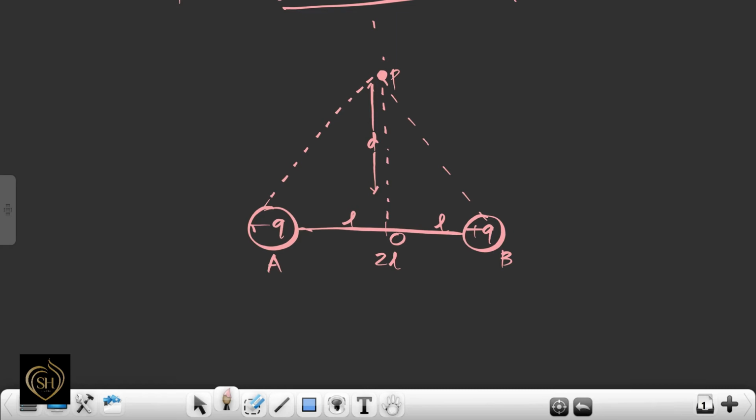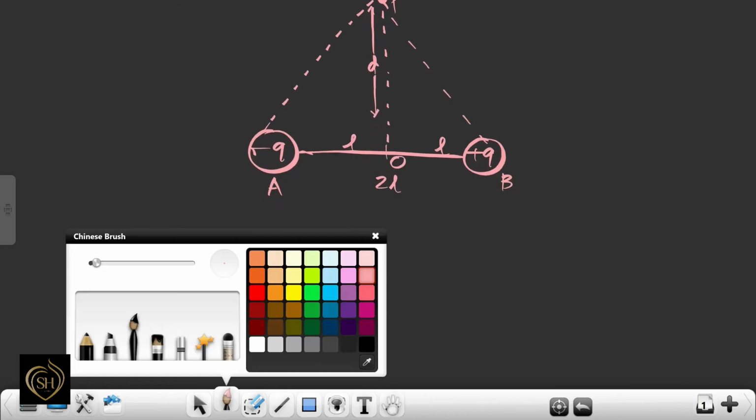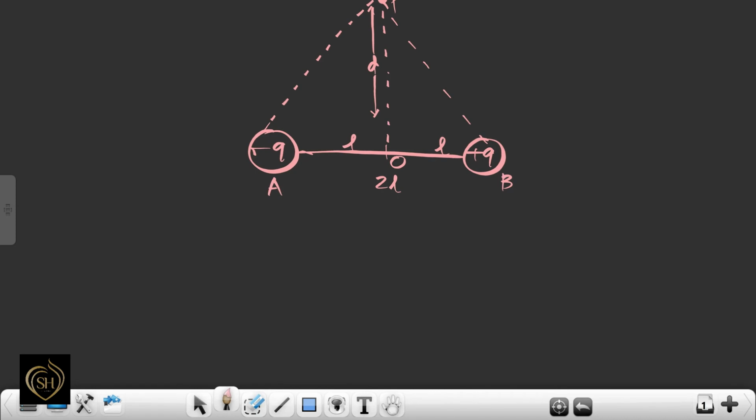For that, we want to find the intensity at P due to minus Q charge and plus Q charge separately. First, let us find the intensity E at P due to minus Q charge.